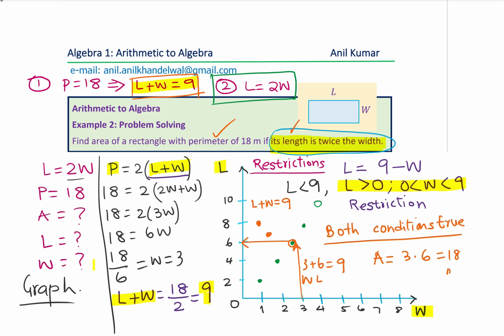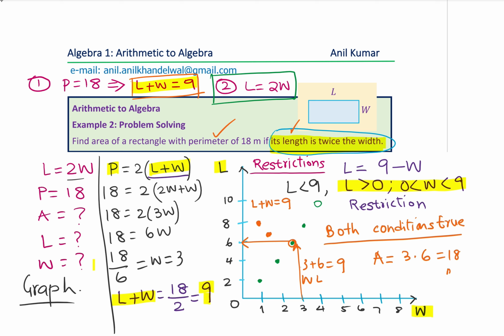And we plotted this on the graph for different values of width, which are taken on the horizontal x-axis. Width in this particular case is the independent variable and length is dependent on width. It is twice the width from the second condition, right?